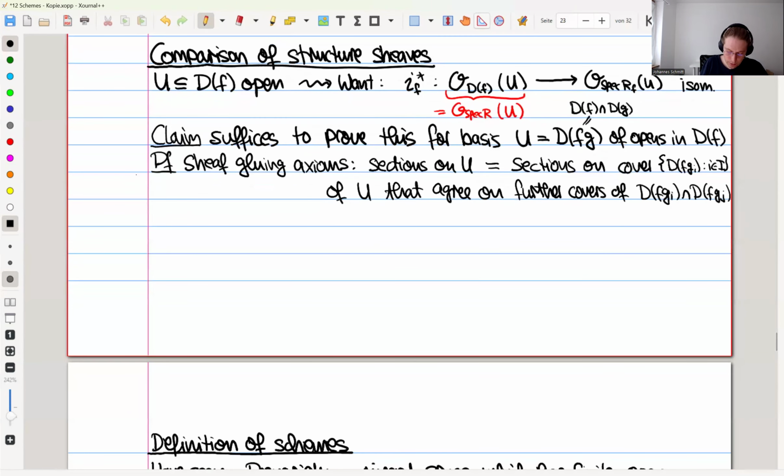And so knowing that this thing here is an isomorphism, both on all of these things on the original cover, and then also an isomorphism on the covers of the overlaps, then implies that it is also an isomorphism.